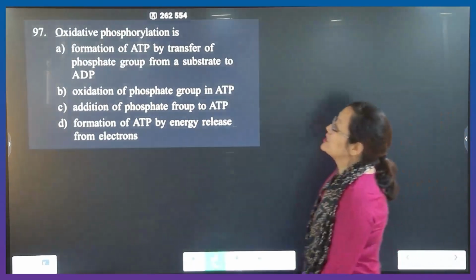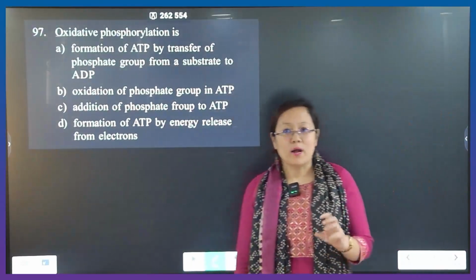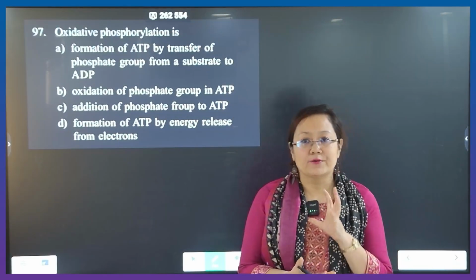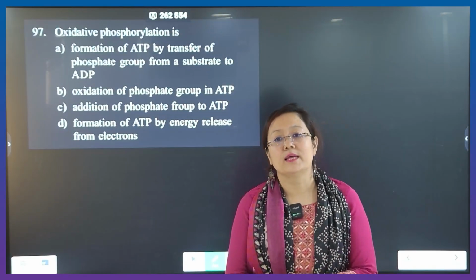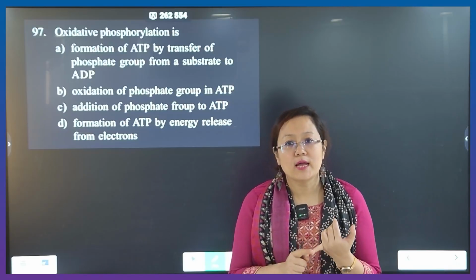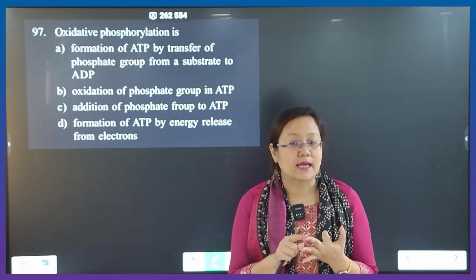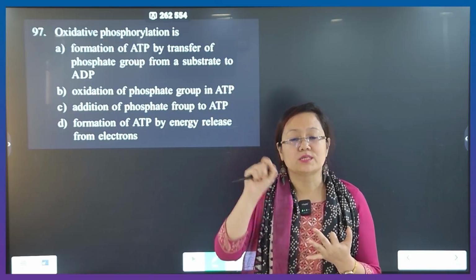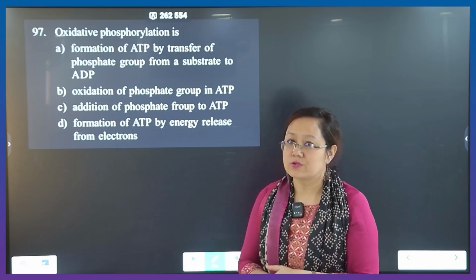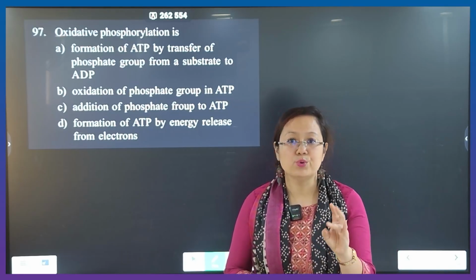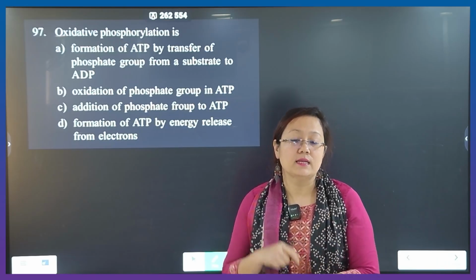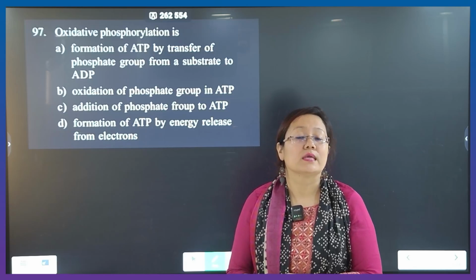Next, oxidative phosphorylation. What actually happens in oxidative phosphorylation? The reducing agents NADH2 and FADH2, formed from glycolysis, the linking step and the Krebs cycle, are oxidized in the process of ETS.